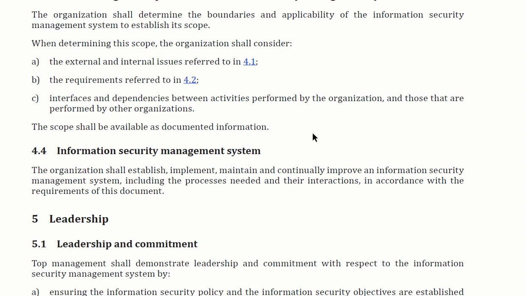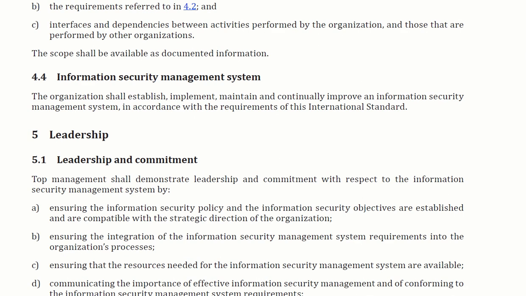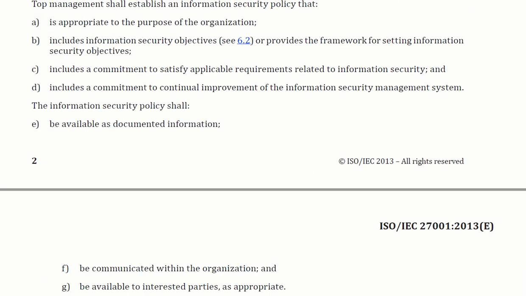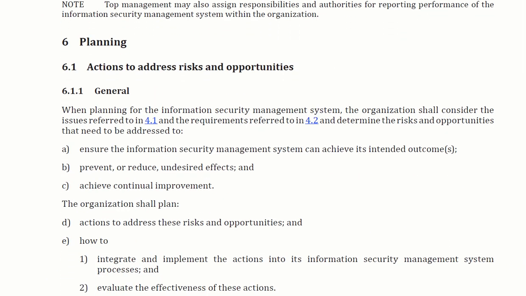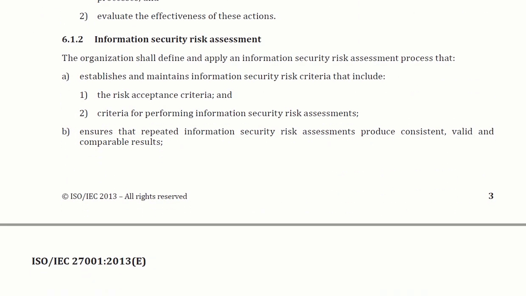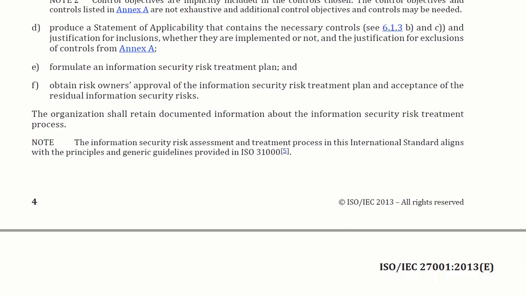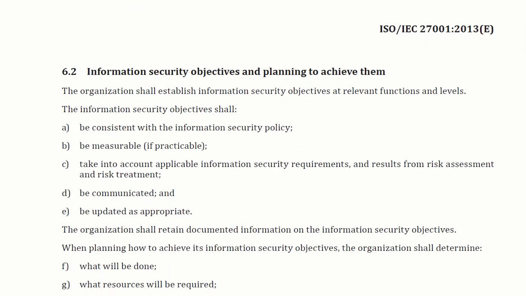The next changes are in clause number 6.2. Let's go quickly to clause 6.2. Clause 6.2 talks about information security objectives and planning to achieve them.